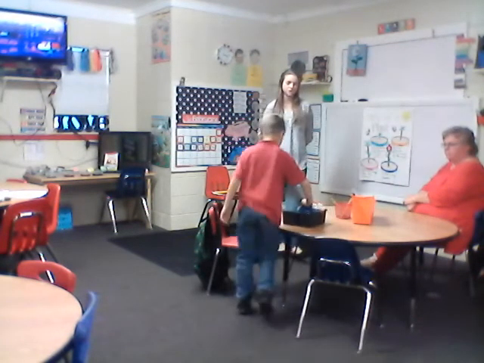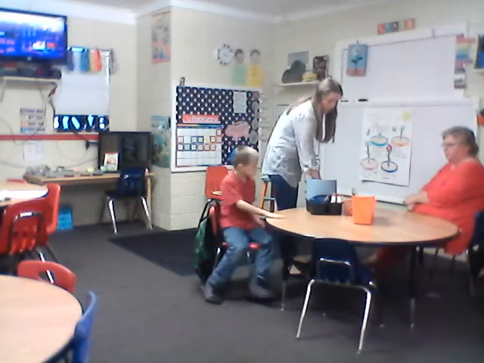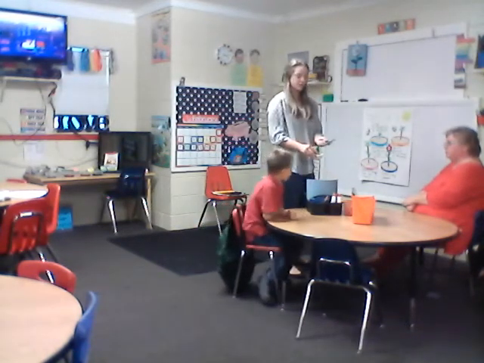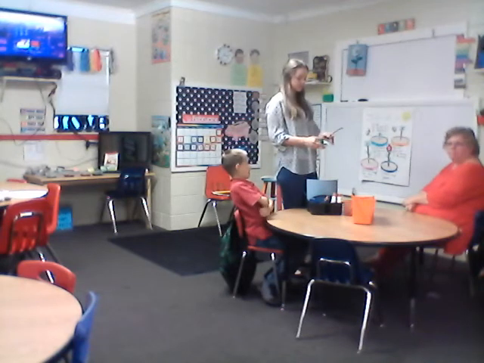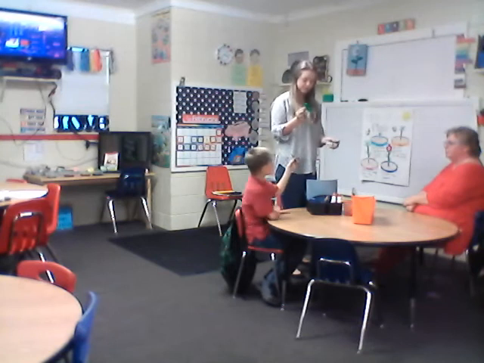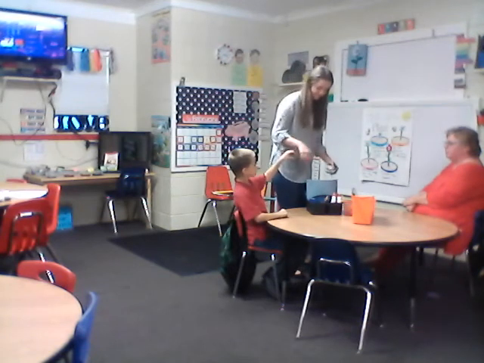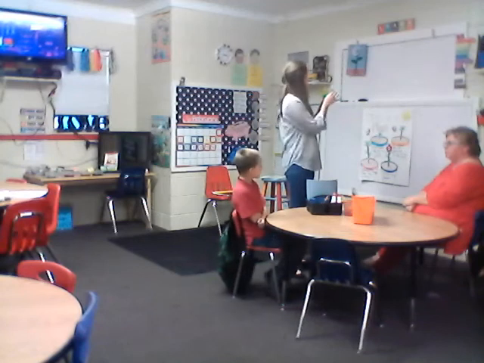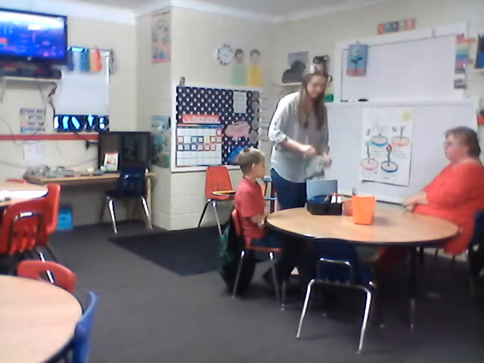All right, let me show you the supplies we have. We have green pipe cleaners, brown yarn, green felt pieces. We have some sunflower seeds. Everyone gets to use 5 sunflower seeds.